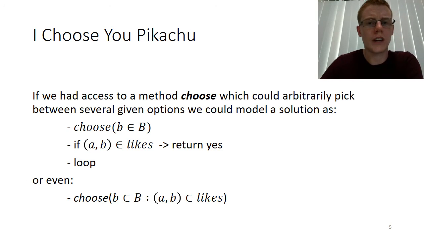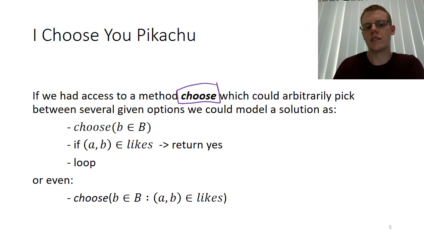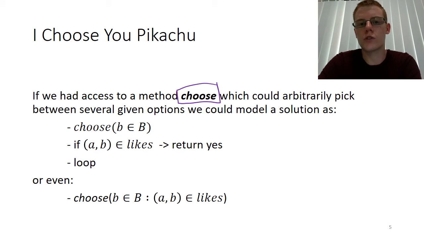We can model that idea of something which can go through and pick through a series of options by talking about a choose method. So some method which we give a series of options and it will give us back some choice from those options.